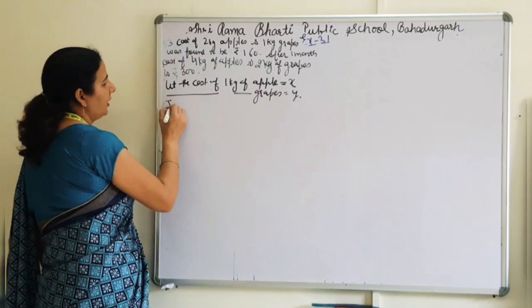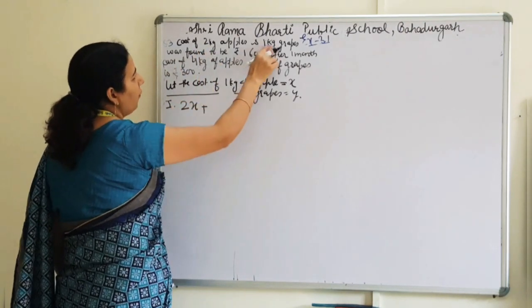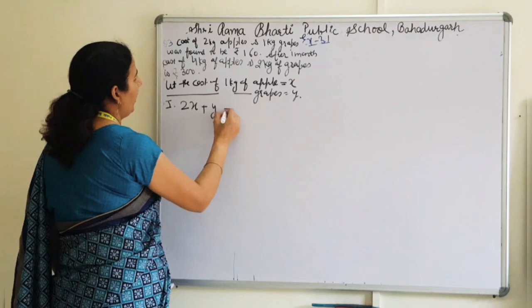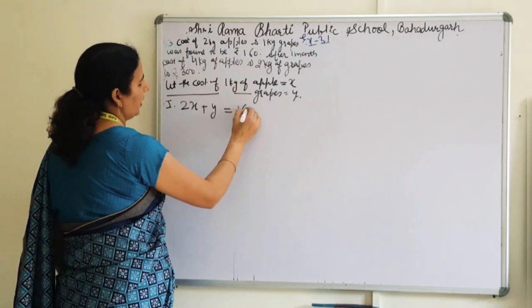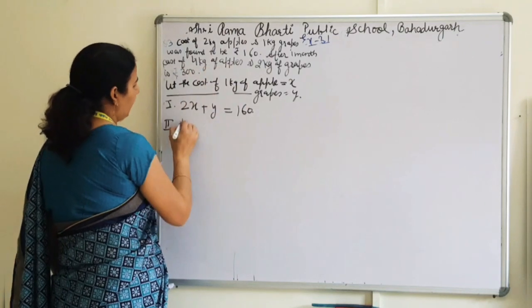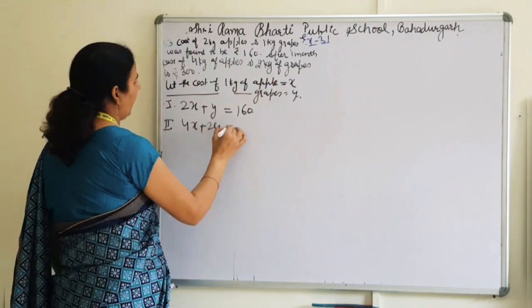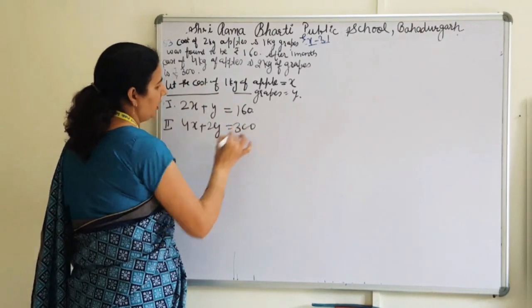According to the first condition, 2 kg of apple means 2x, 1 kg of grapes means y, and the total is 160. After 1 month, the cost of 4 kg of apple means 4x, 2 kg of grapes means 2y, and the total cost is 300.